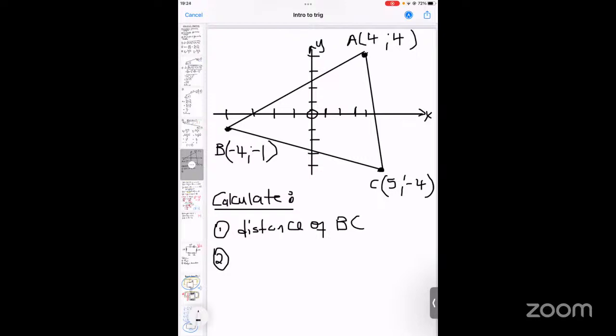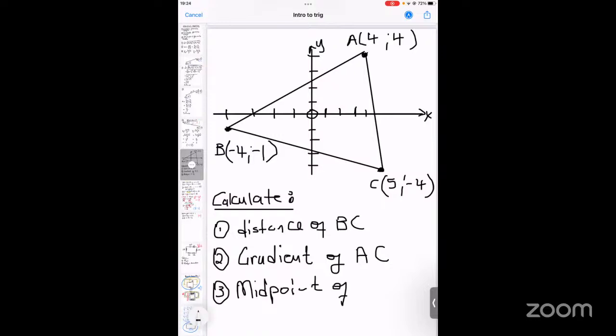Number 2, I will make it and say the gradient of AC. Oh, no, yes, AC. And then number 3, I will say midpoint of A, B. Yes.